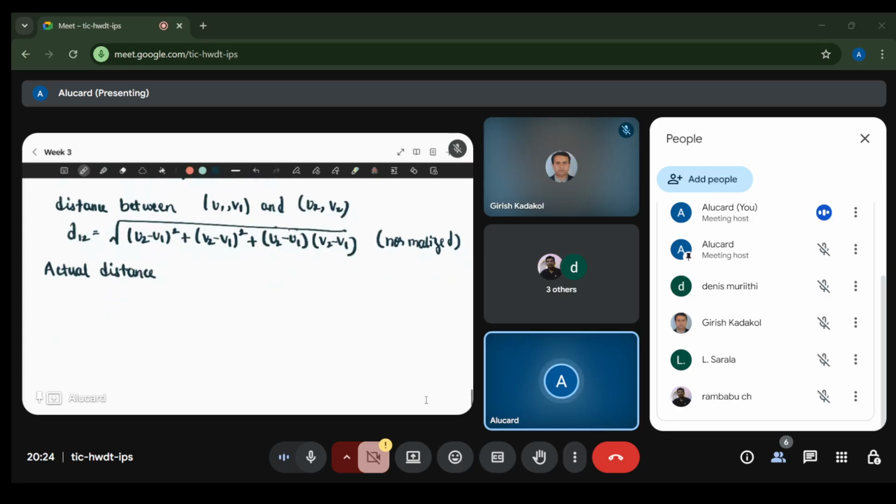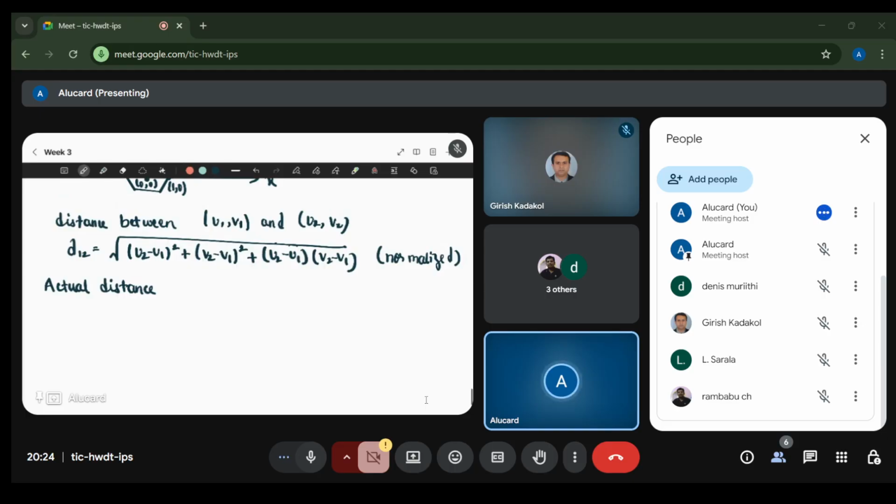To normalize all the distances, you would have divided all the distances by root 3 r. Why we do that, you can see from the previous week lectures. So the actual distance is root 3 r times d12.